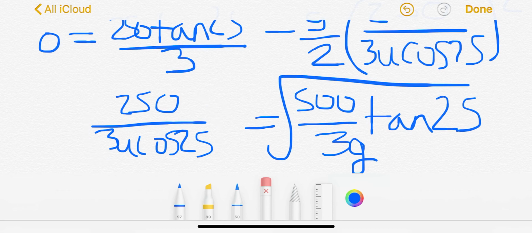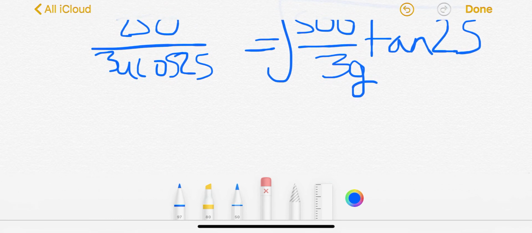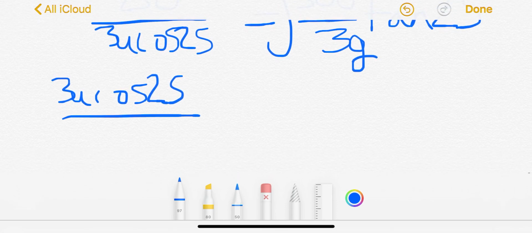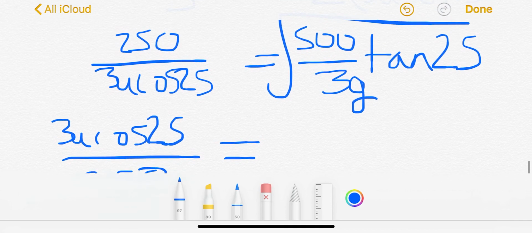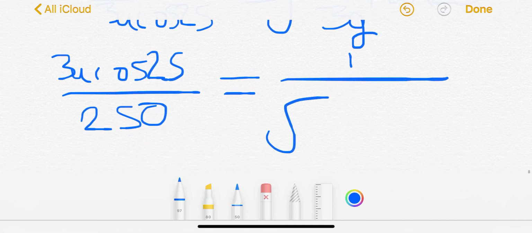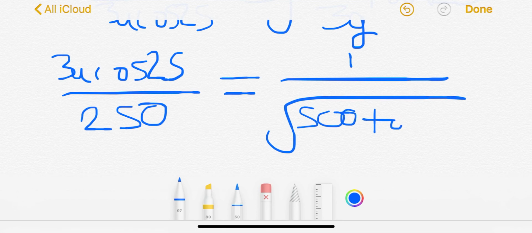If we reciprocate that, we have 3u cos 25 over 250 equals 1 over the square root of 500 tan 25 over 3g.